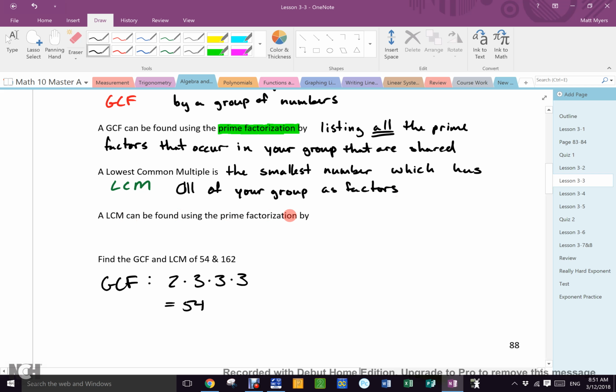And an LCM can be found using prime factorization as well. Okay? But there's a bit of a hitch.